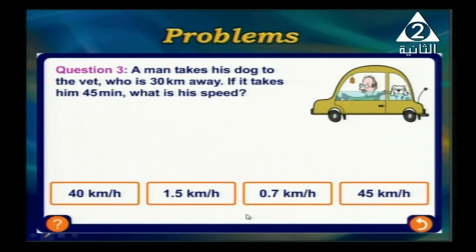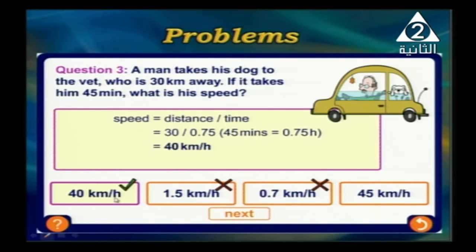Or I could change the kilometers into meters and the time into seconds, but here I need kilometers per hour. So 0.7, no way. 1.5, no way. This is 40 kilometers per hour. So the distance divided by the time, 30 divided by 0.75, 45 minutes changed into 0.75 hour. So it is 40 kilometers per hour.